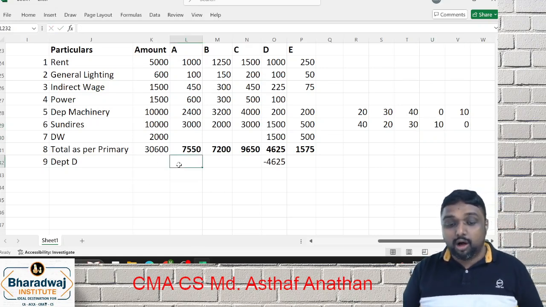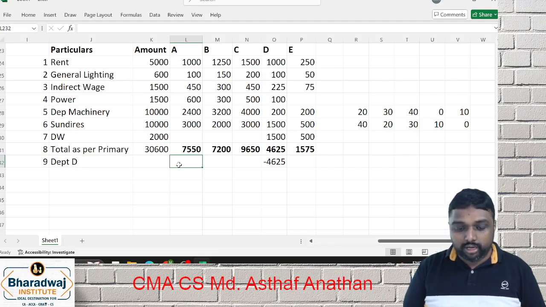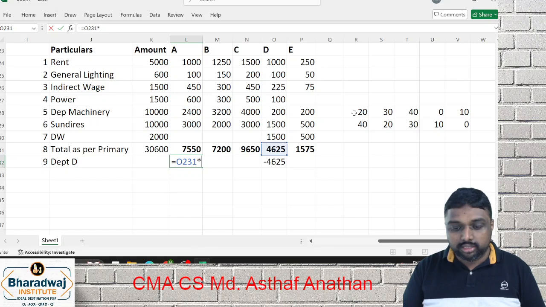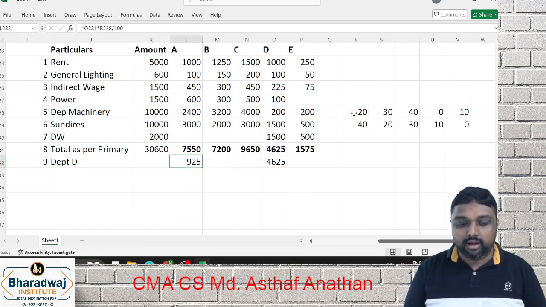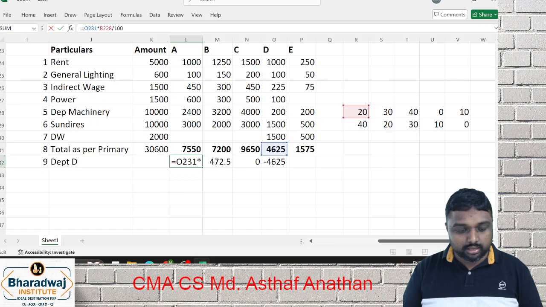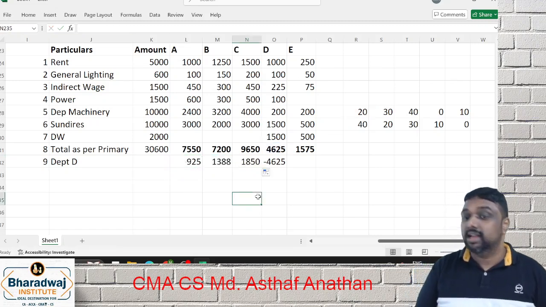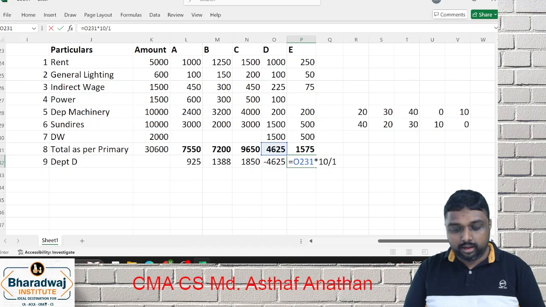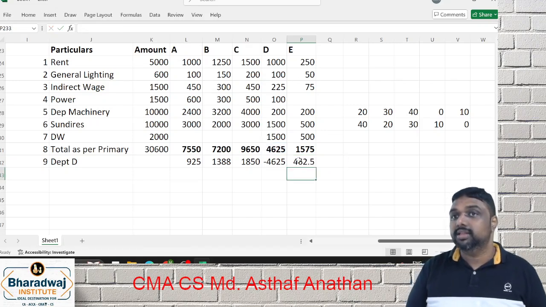So 4625 you have to apportion into this ratio. The total will be 100. Since I am using Excel, I will get the answer directly. To get it directly, I have to put this as constant. See, I am getting this answer directly. What about this? 4625 into 10 by 100.